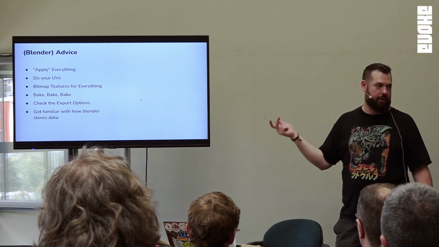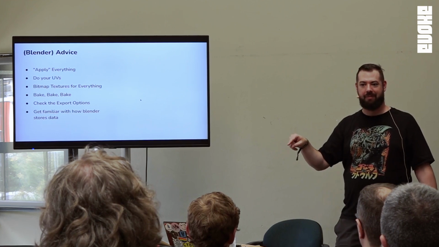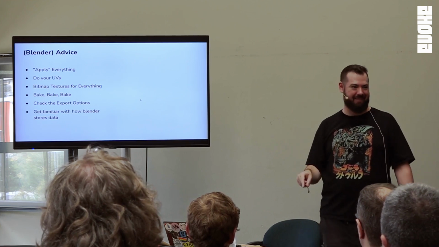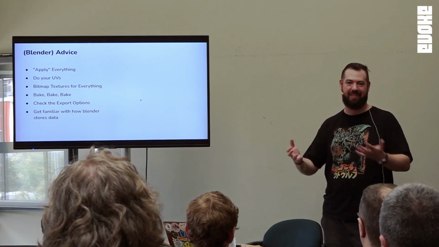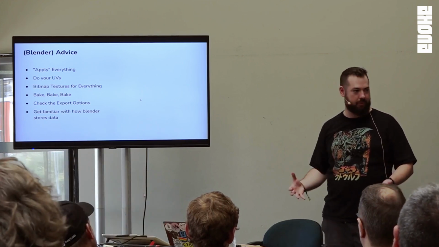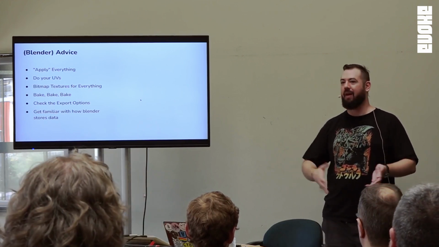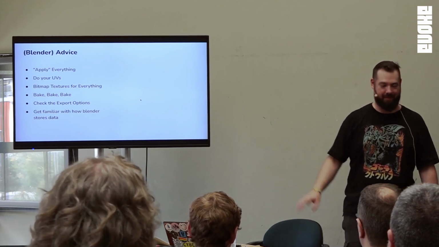And checking all the options on your exporter, especially if you upgrade to a new Blender version. Check how the export options may have changed, because I've run into this a few times. You're already so used to your workflow and then stuff breaks. That's a good first place to look.